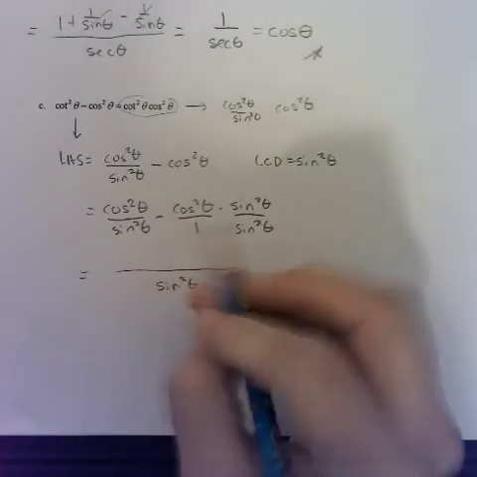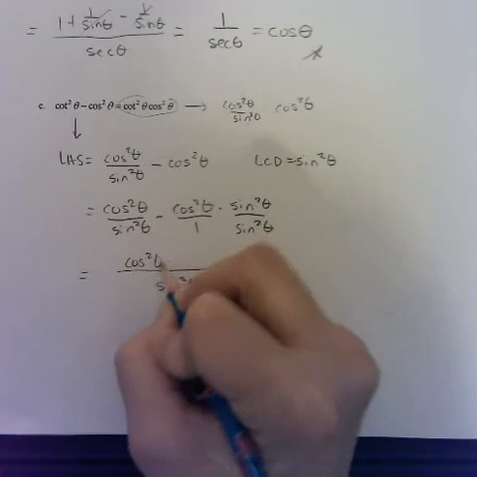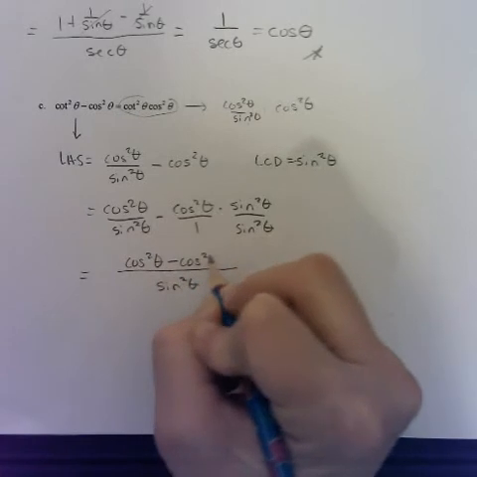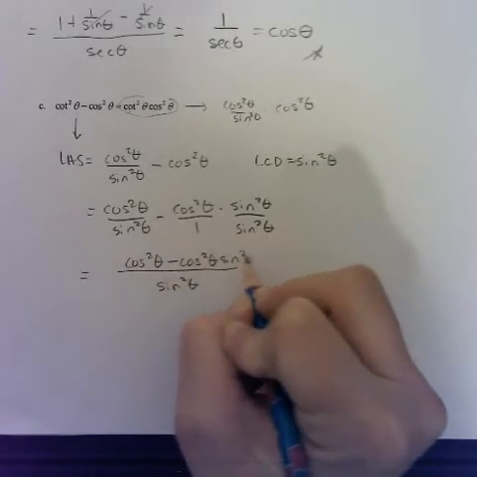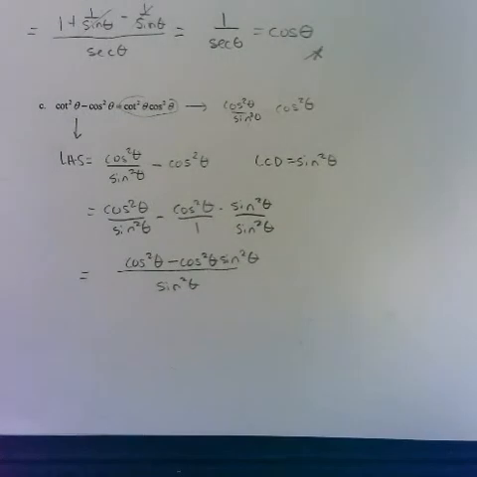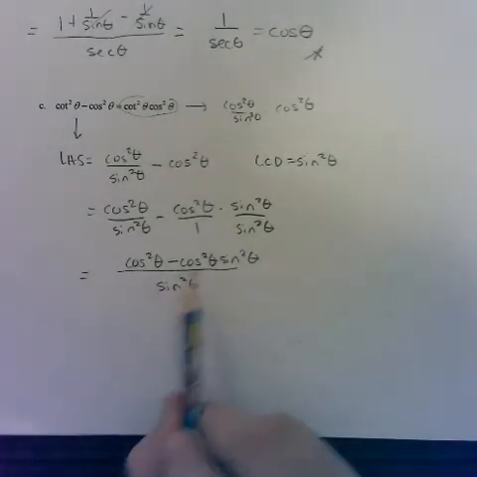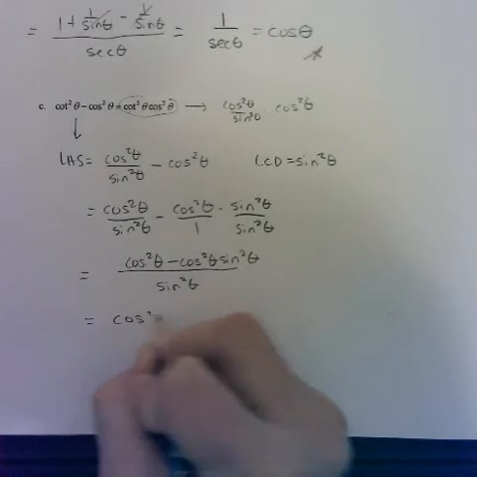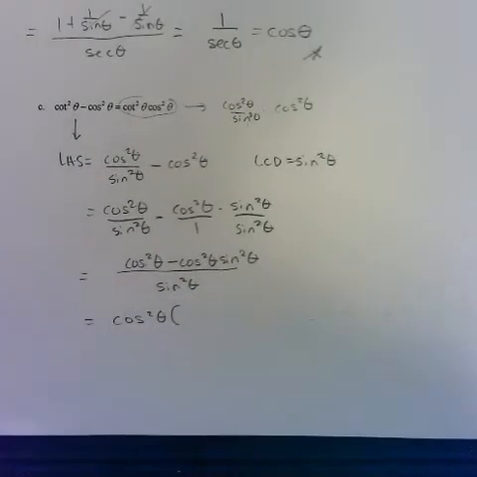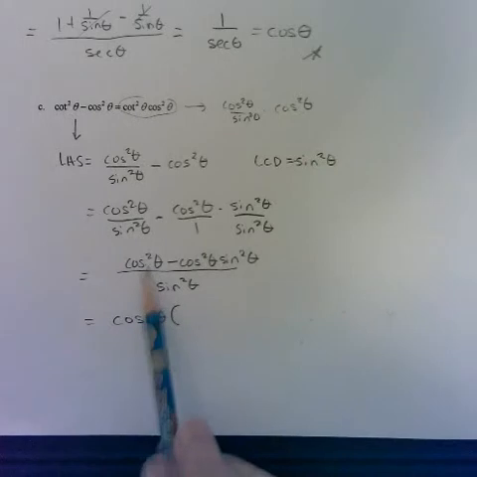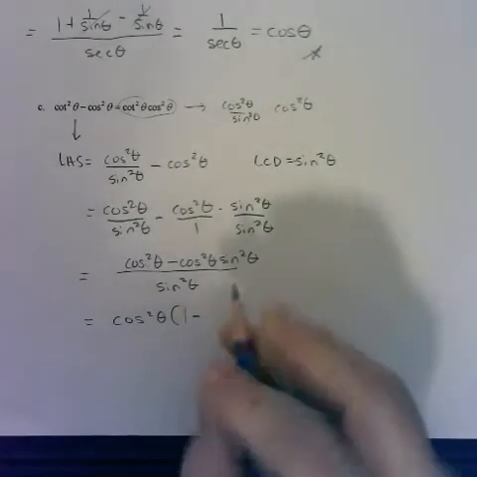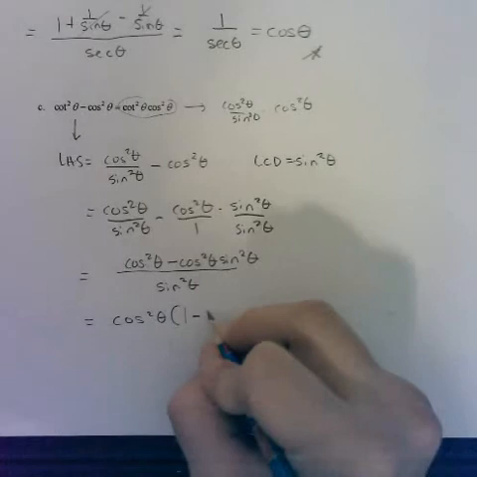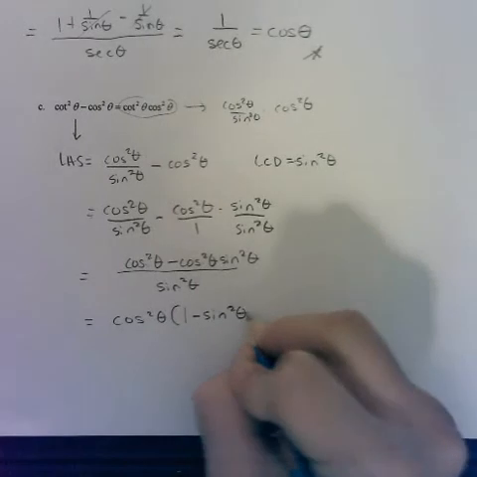So we've got cosine squared theta minus cosine squared theta sine squared theta. And then notice cosine squared theta is common to both terms, so I'm going to factor that out. When I take that out, I'm left with a 1 in the first term, and then minus sine squared theta in the second term.